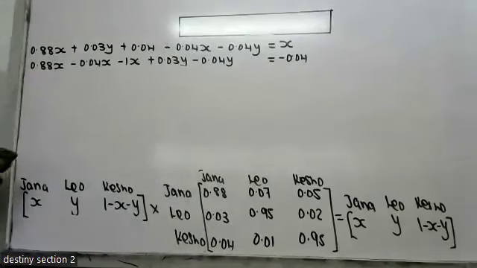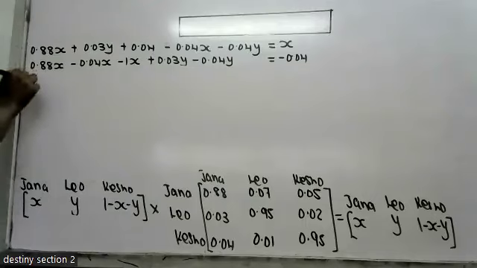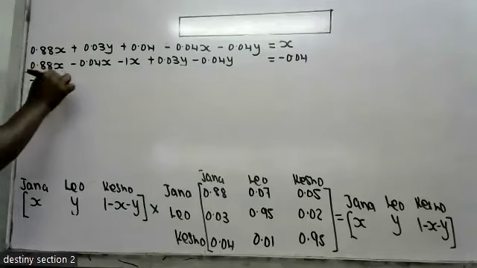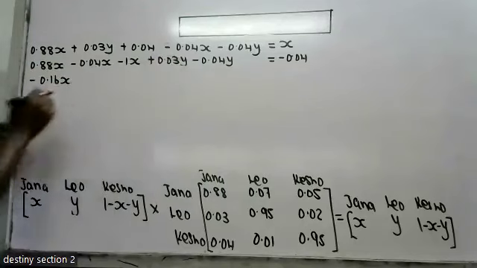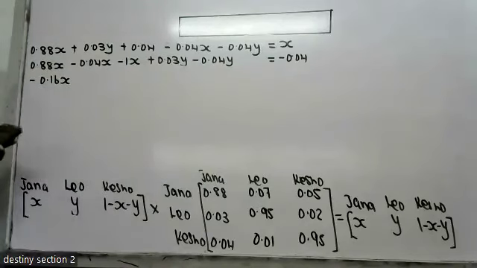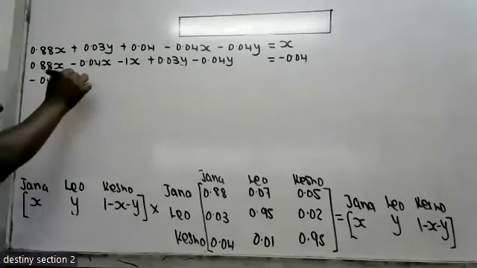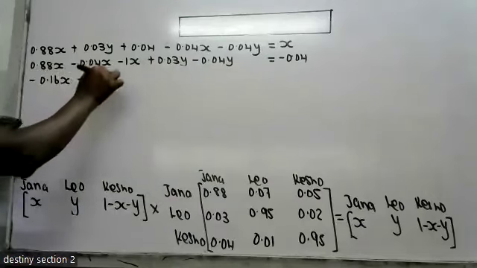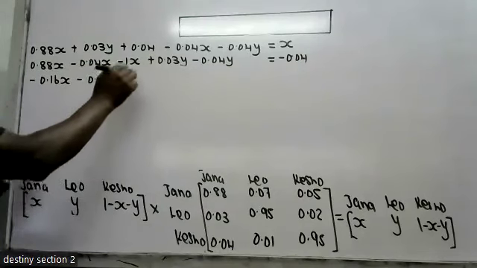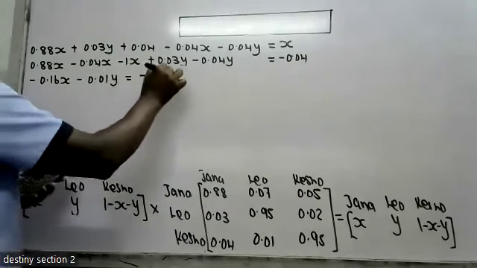So using my calc, I get 0.88 minus 0.04 minus 1 is negative 0.16x. Then this other one, 0.03 minus 0.04 is negative 0.01y, should be equal to minus 0.04.